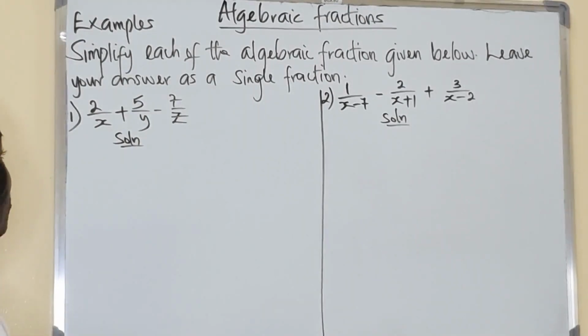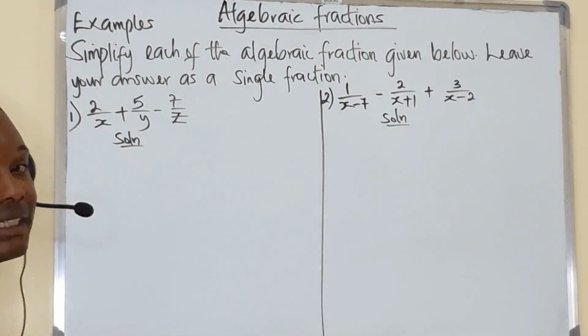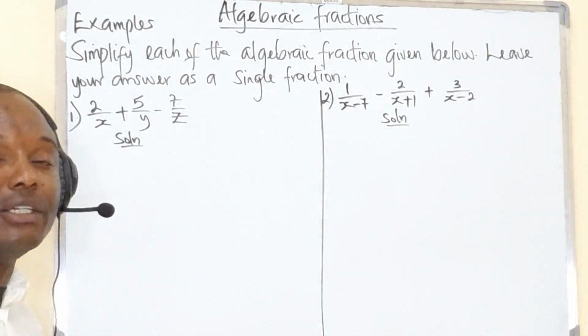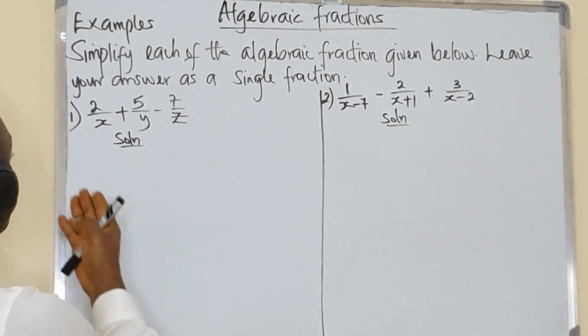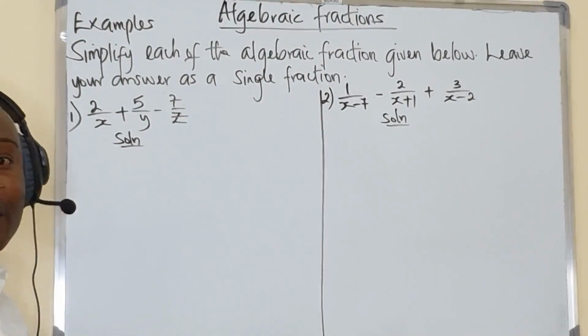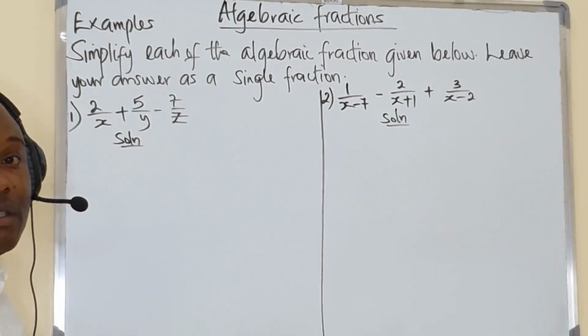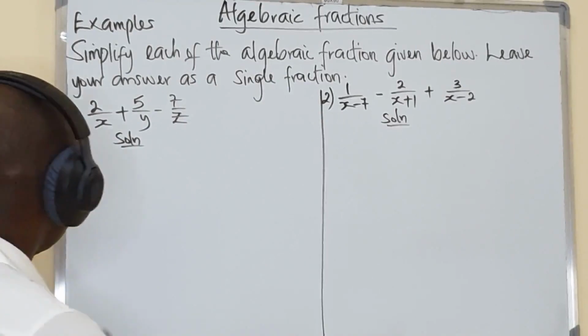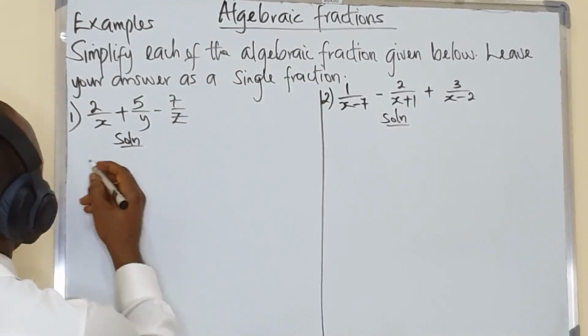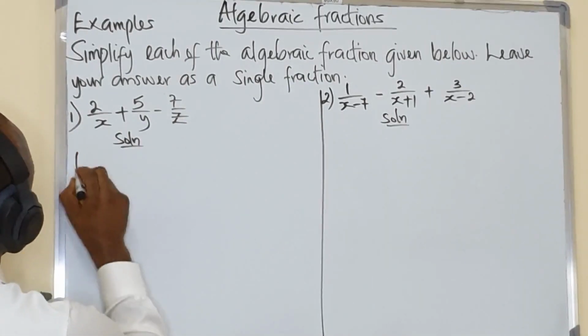And obviously, since we don't know what x, y, or z stands for, what we can do is to multiply the three letters together to create the lowest common multiple. Therefore, we begin by working out the lowest common multiple.